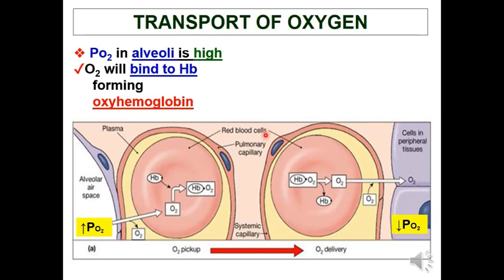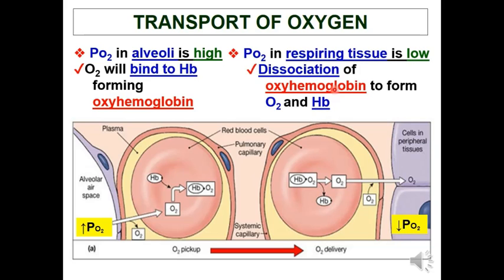After that, this oxygen will be carried to the heart, and the heart will pump it to the other tissues. The respiring tissues undergo cellular respiration, which lowers the partial pressure of oxygen.